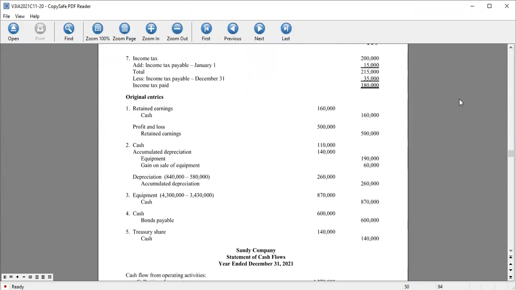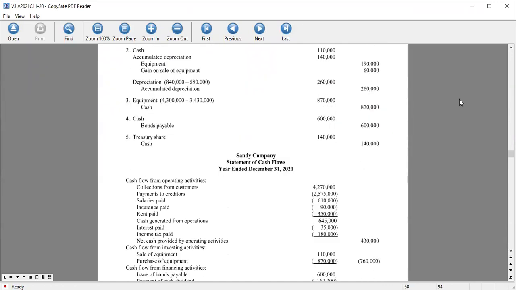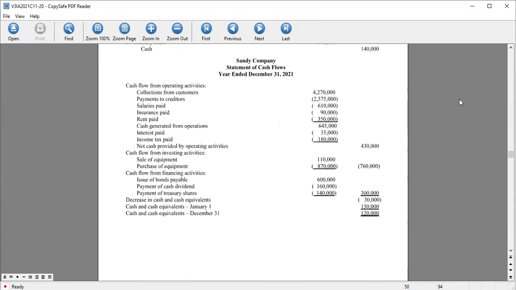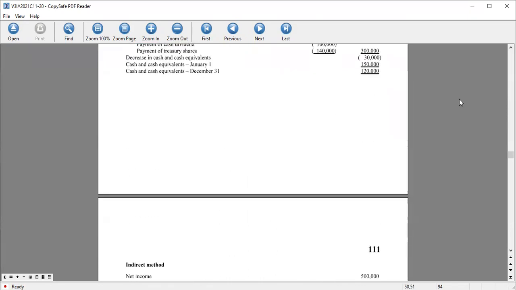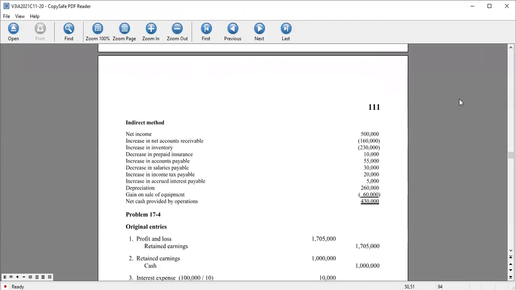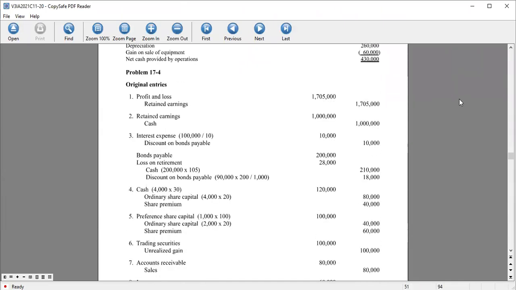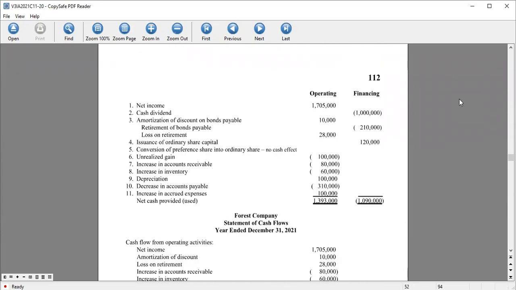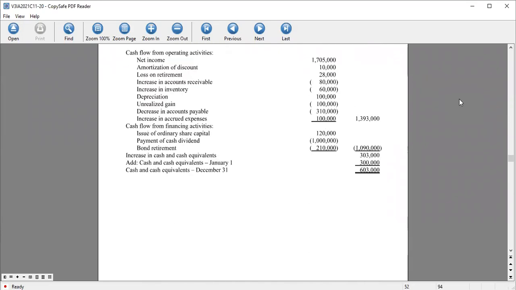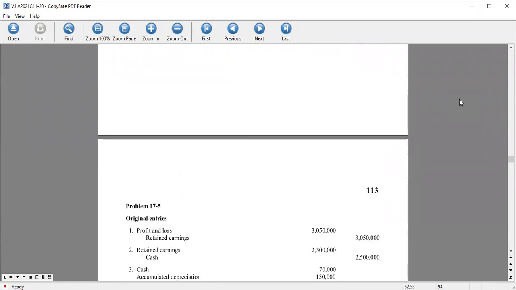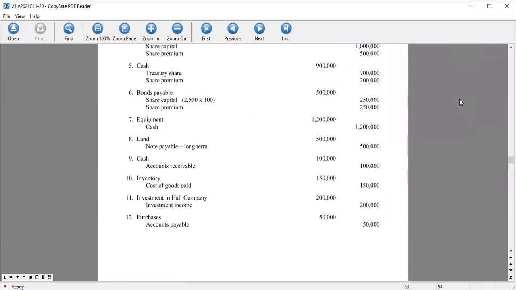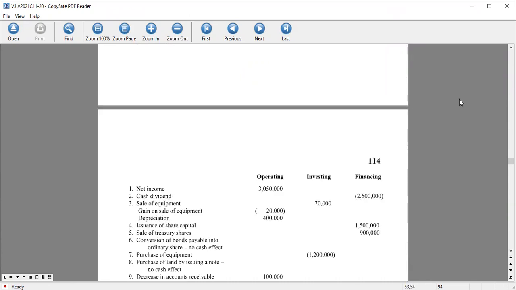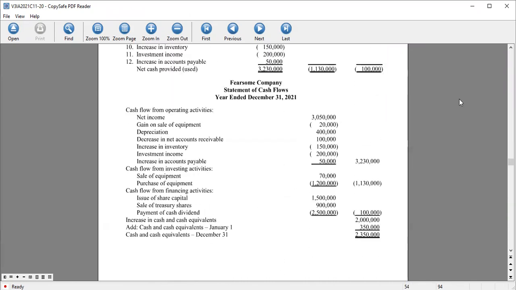Now, these problems were already discussed yesterday by the reporters. And this morning, I discussed 17-4 and 17-5, the one I discussed just a while ago. So that would be for your straight problems.